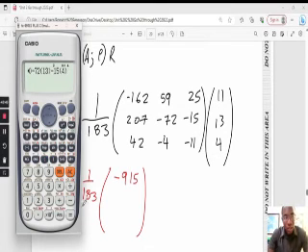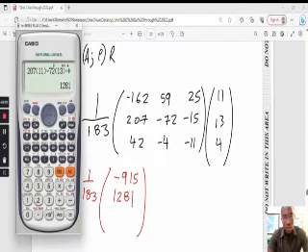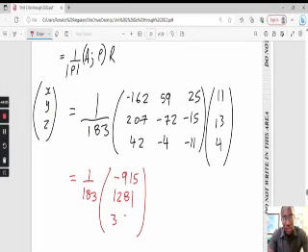You punch that in the calculator, you're getting 1281. Then we go 42 times 11, then we have minus 4 times 13, then we have minus 11 times 4. Punch that in the calculator, we'll get 366.